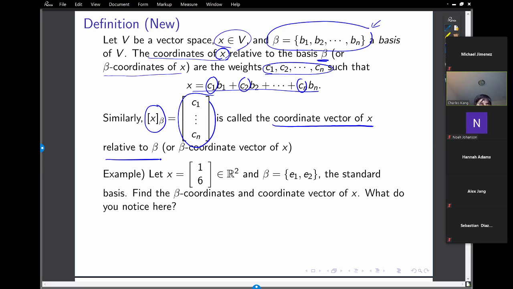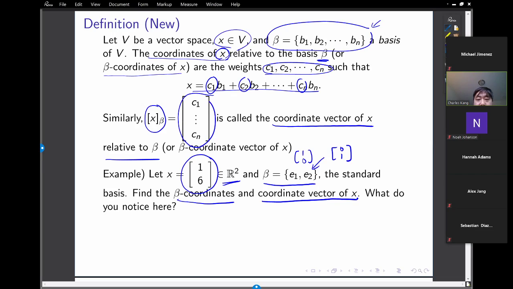All right, so here's an example. Consider a vector (1, 6) in R2, and consider the standard basis. So e1 is (1, 0), e2 is (0, 1). Then let's find the beta coordinates, or coordinates relative to beta, and the coordinate vector of x.